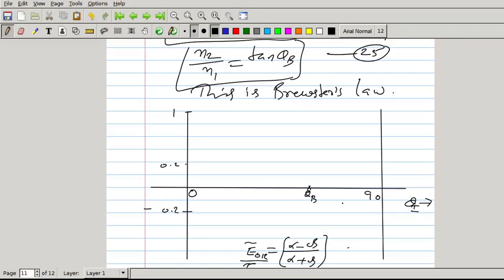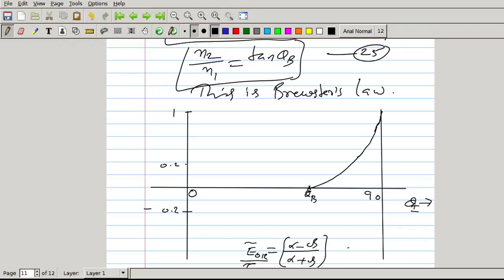As alpha increases beyond this value, the reflectance increases and it reaches the maximum reflectance of 1. So it reaches 1 when theta equal to 90. That means at theta equal to 90 only the reflected wave will be there, no wave is transmitted. So the complete contribution is from the reflected wave.